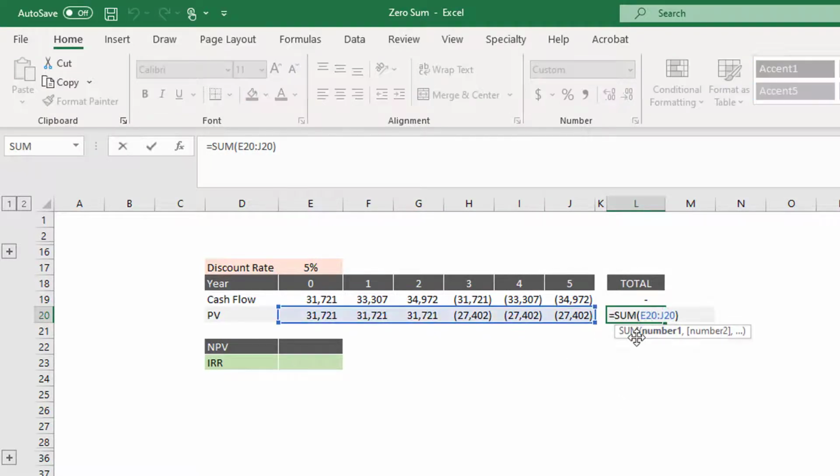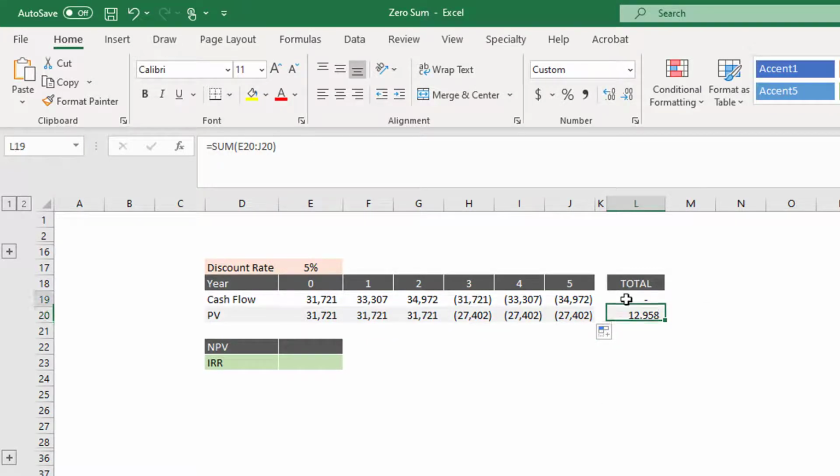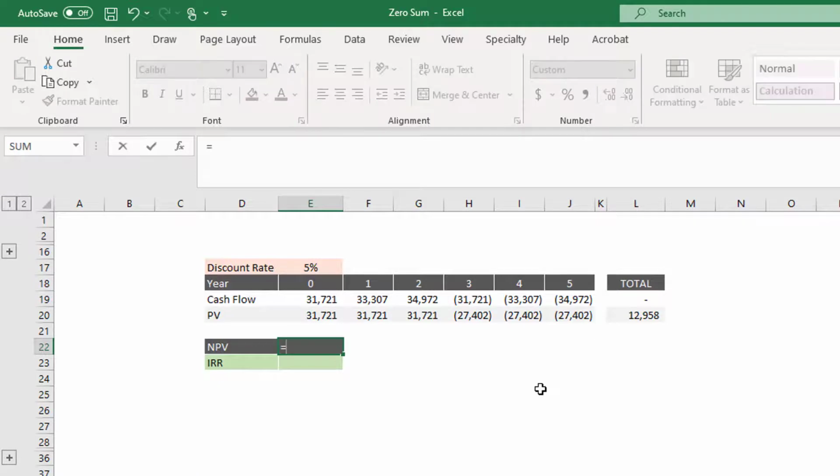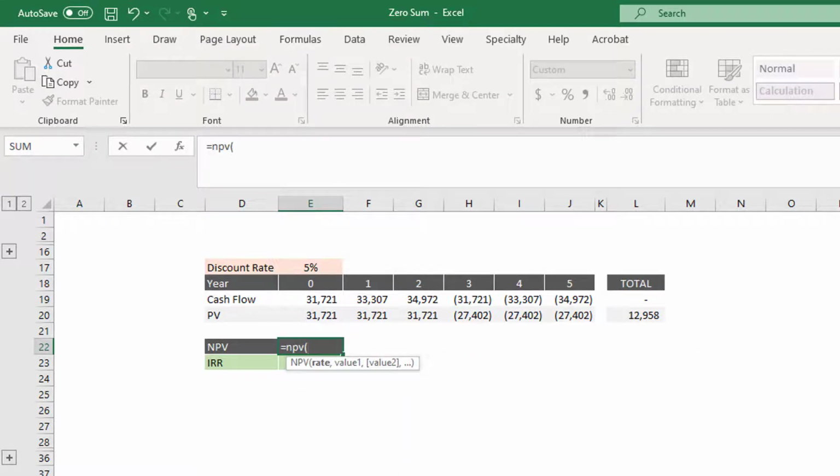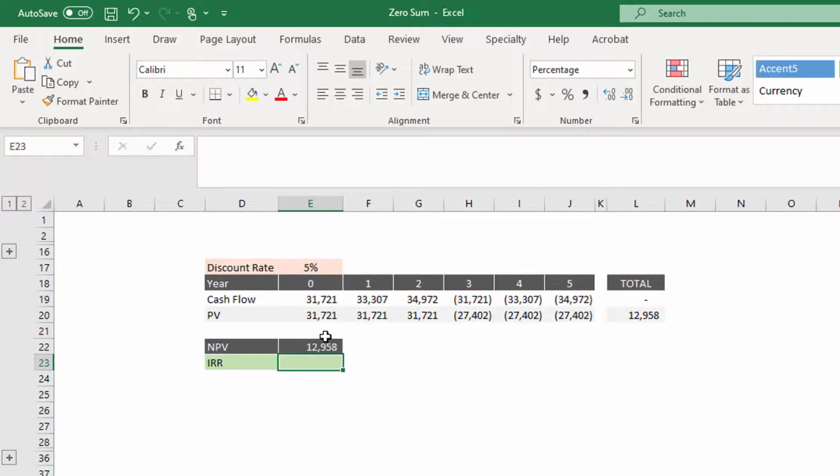This is basically the NPV, the sum of all the PVs, but this is a zero-sum cash flow. And if you use the general NPV formula of Excel, I have the discount rate, which is 5%, and then I have the values here, and I just add back the first cash flow. So you get exactly the same number here as you have here.